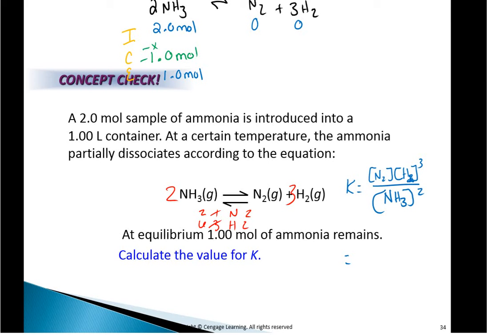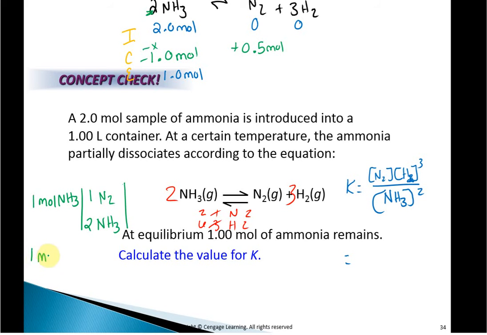Now, this is not as nice and pretty as it was before, because if we have 1 mole of NH3 that we used, every time we have 2 NH3 moles in the reaction, we make 1 N2. So we're going to have half as much of this made. 1 times 1 divided by 2. This is going to be plus 0.5 moles.